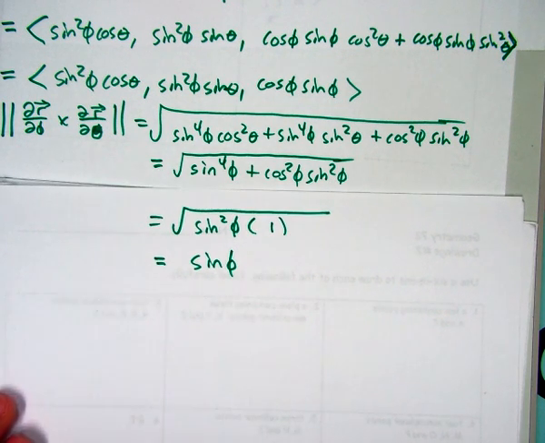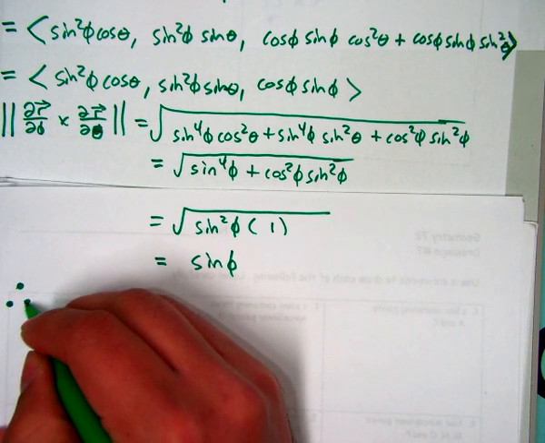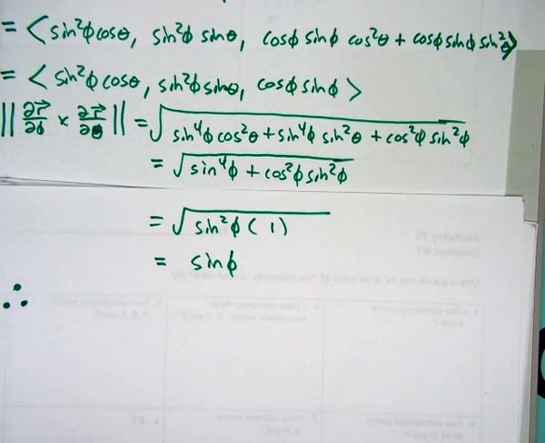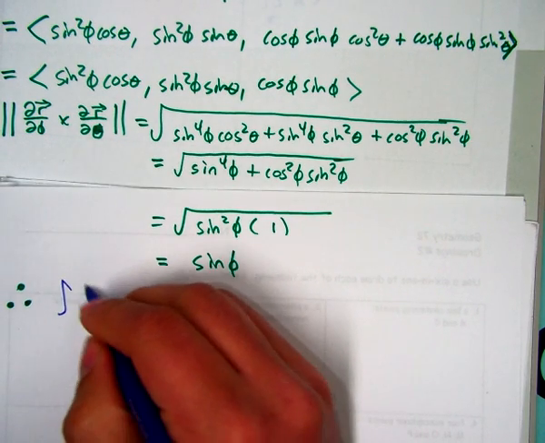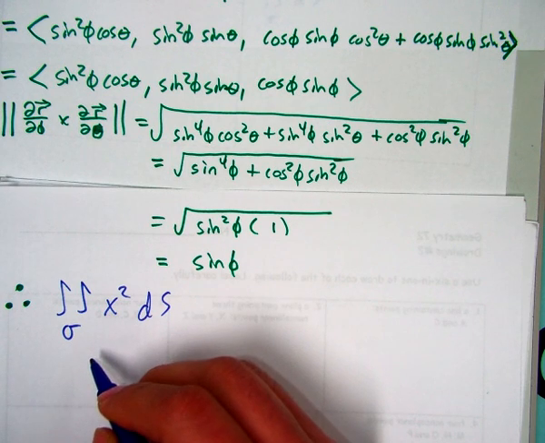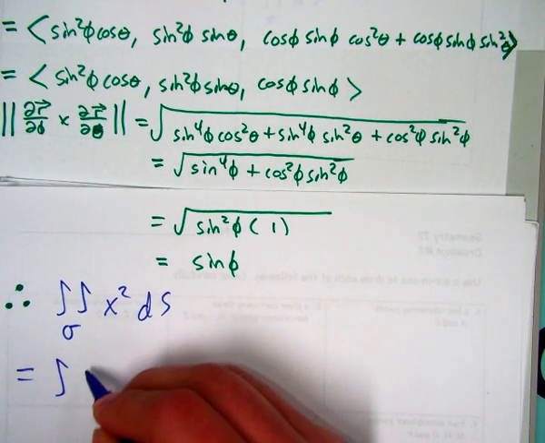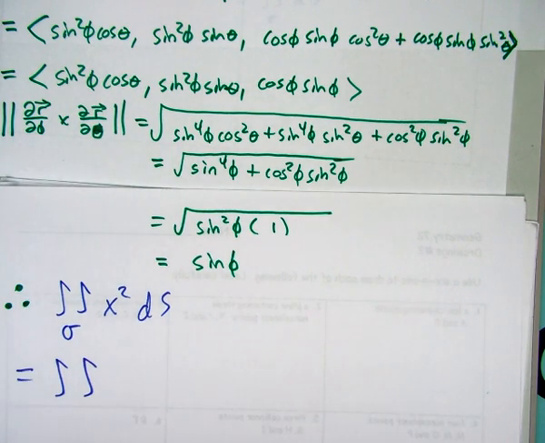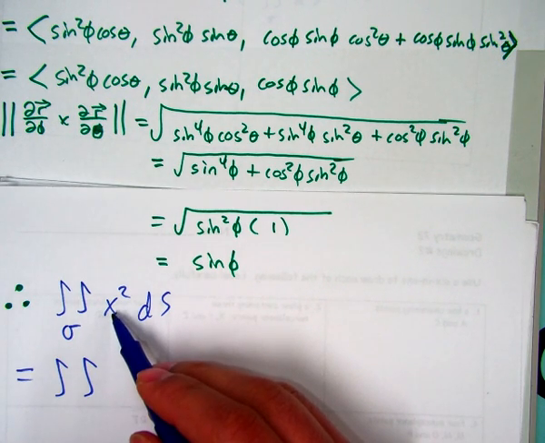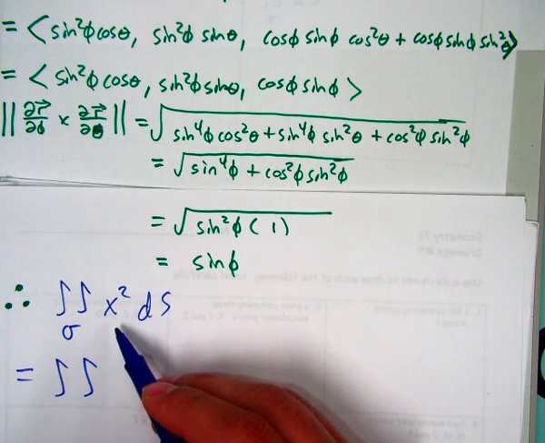All right. So let's set this up. All that legwork is done. Now we can actually start evaluating the integral. The surface integral of x squared dS is going to become, let's see, x squared. We plug in the parameterization we had for x, which was sine phi cosine theta.